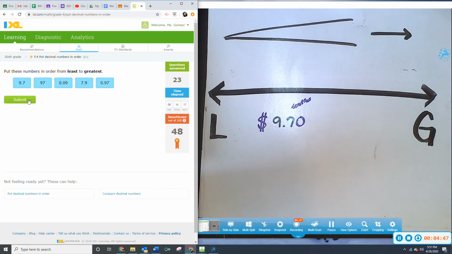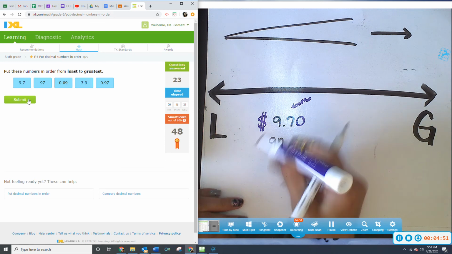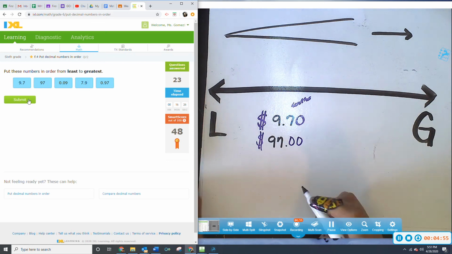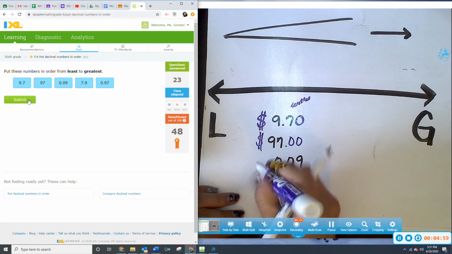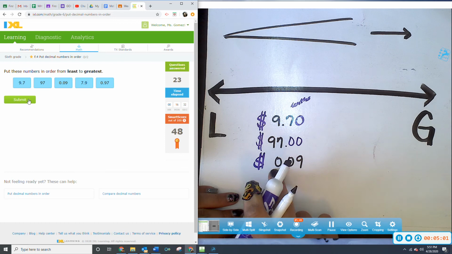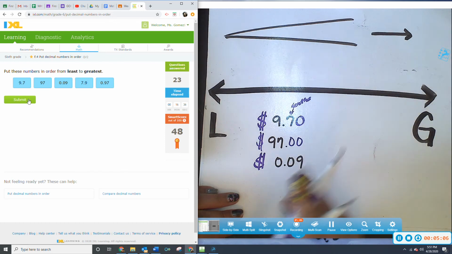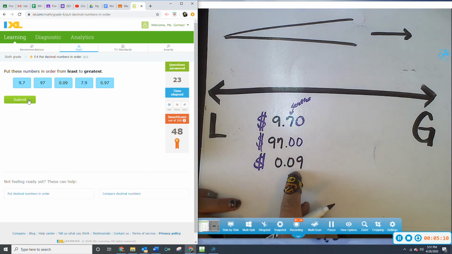Okay, moving forward. We have $97. And then, ooh, this one's interesting. This is $0. There's nothing in the tenths place, but there's a 9 in the hundredths. So that means that we have 9 cents.